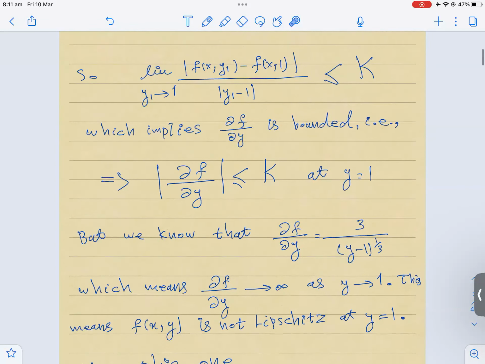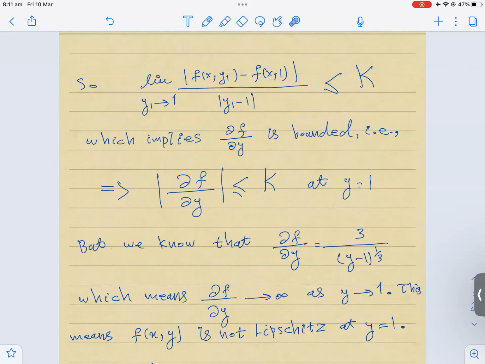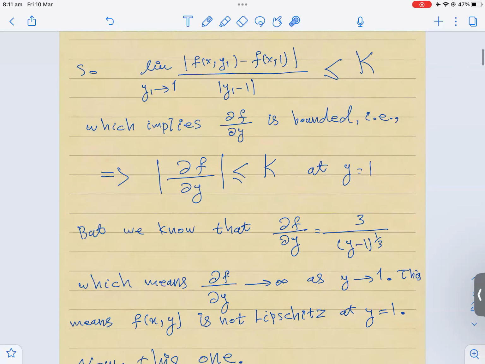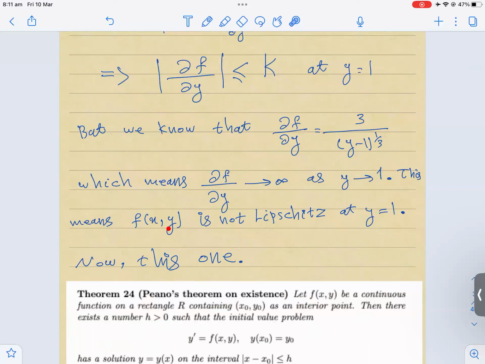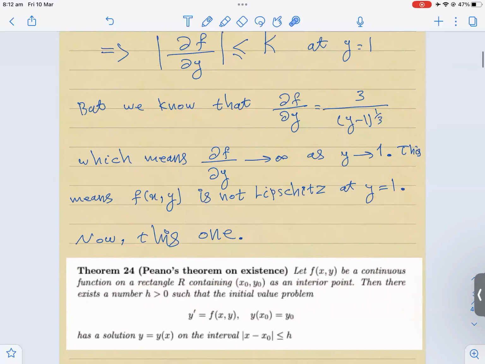So this is a contradiction by what we claimed here. So this means f of x, y is not Lipschitz at y equal 1, at least at y equal 1. We saw that it's not Lipschitz. So we can't use this theorem as well.